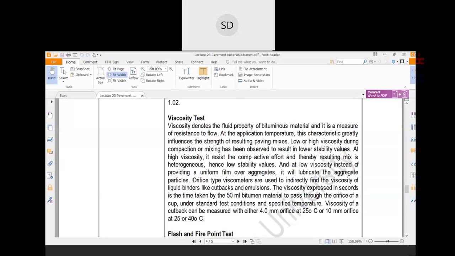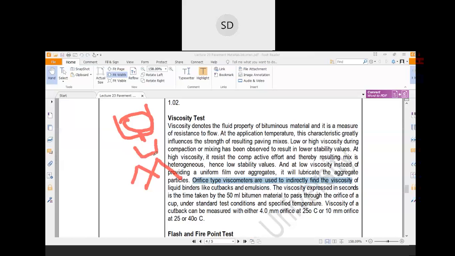Now, to test the viscosity, orifice type viscometers are used to indirectly find the viscosity of the liquid binder. So, in the orifice viscometer, what happens? Some jar would be there, and one small gap would be there in the jar. It would be filled with bitumen, and you will heat this jar with some heating source, and you will place another jar underneath it.